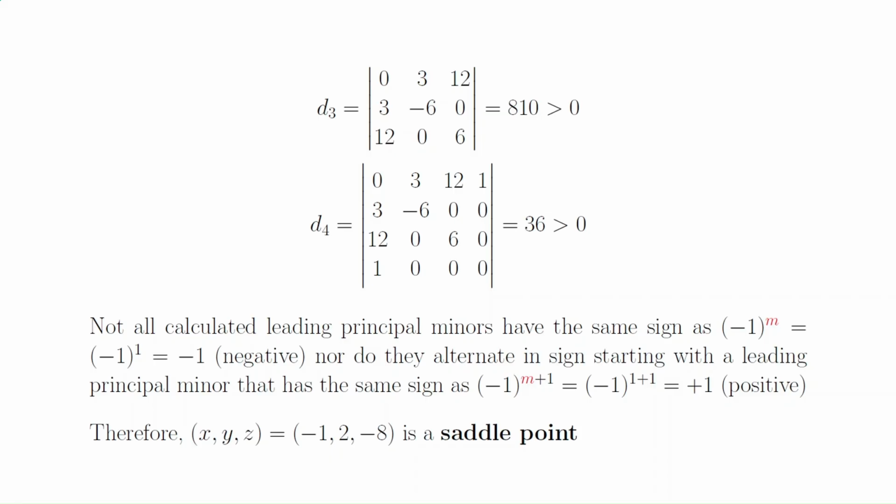Given that all calculated determinants are non-zero and the conditions of case 1 and case 2 are not met, we are in case 3, and the critical point -1, 2, -8 is a saddle point of the constraint objective function.